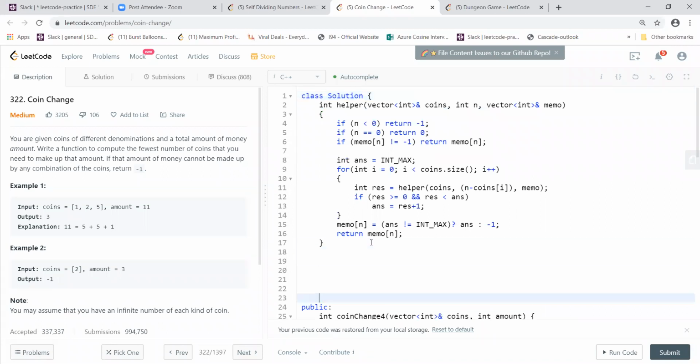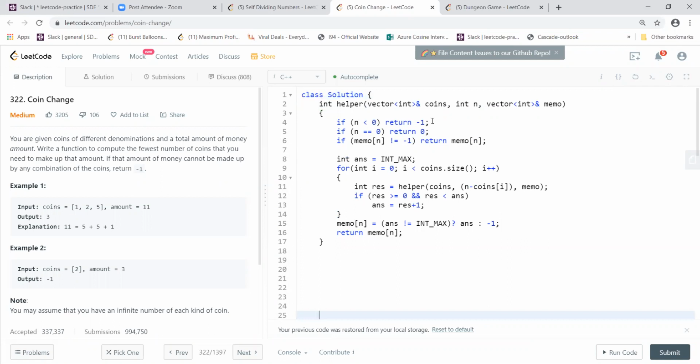In this helper function, the base case is: n is the amount which keeps coming over here, and if n is less than 0, I return -1, and if it is equal to 0, I return 0. These are the two base cases. Where the memo has a value other than -1, because I've initialized the whole memo array to -1, I return that value.